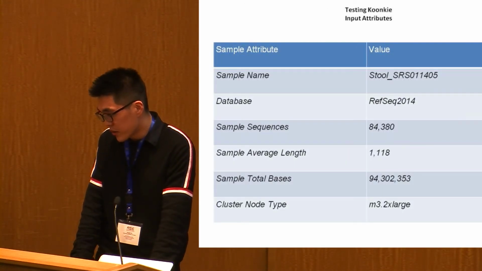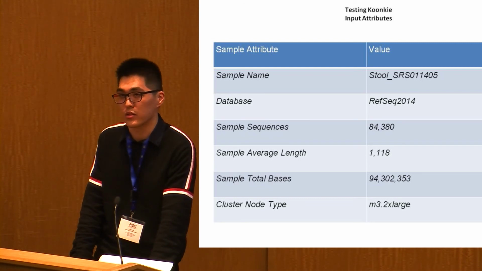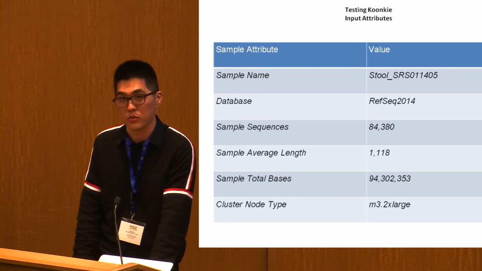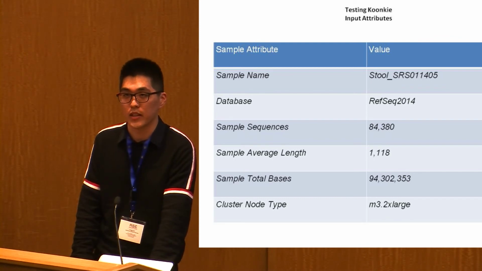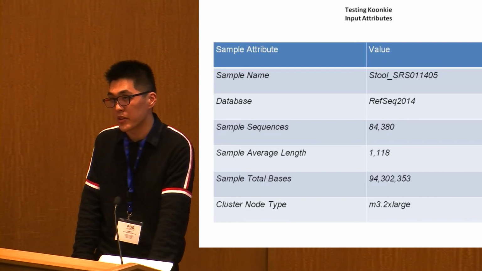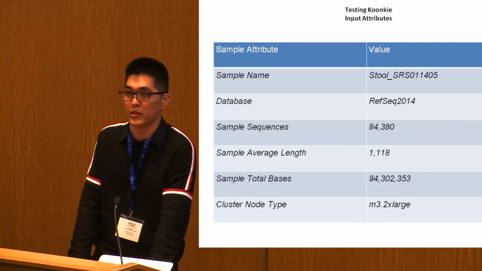So we ran BLAST on an AWS cluster running Koonkie with a sample from the Human Microbiome Project, which is DNA from microbes in your gut. The database we used was RefSeq, which is a non-redundant set of known genetic information, and as of now it's 86 gigabytes. That would be essentially 86 gigabytes per node in the cluster.